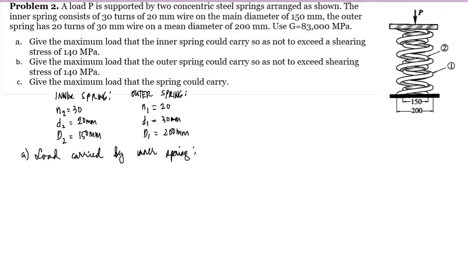For situation A, we are asked to compute for the load carried by the inner spring. So we use the formula maximum shear stress is equal to 16PR over pi d cubed, multiplied by 1 plus d over 4R.